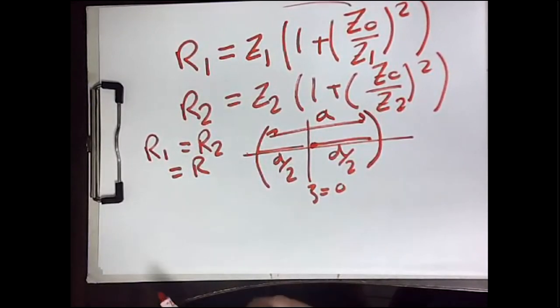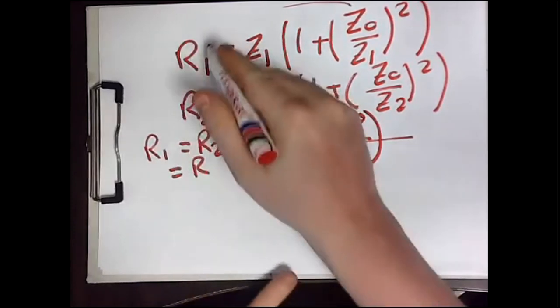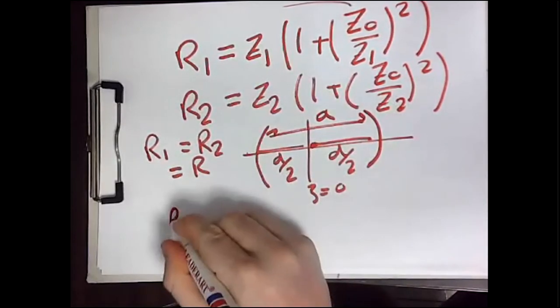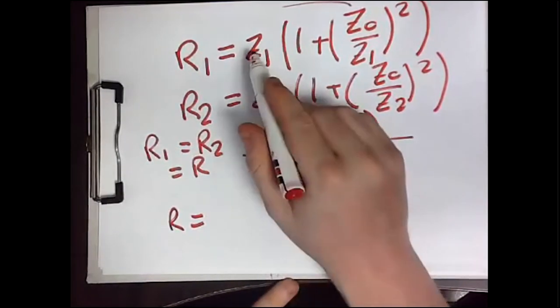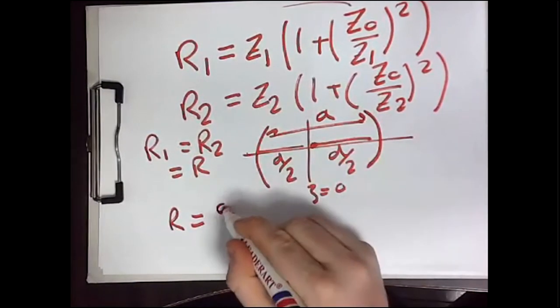Accordingly, you will solve one equation saying that R equals Z times (1 plus (Z node over Z) squared). Now your propagation distance is d over 2, either to the right or to the left.